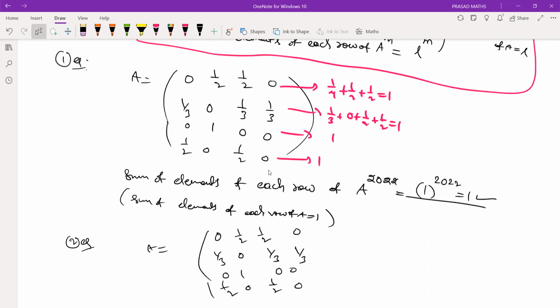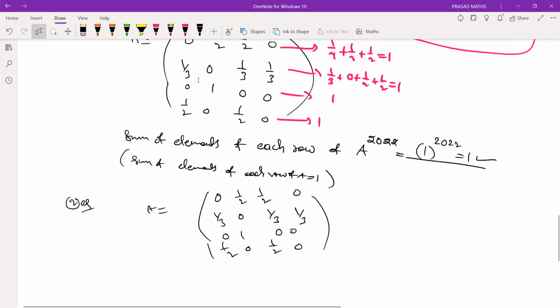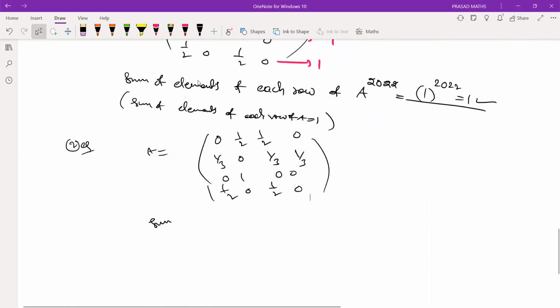Suppose you're asked to find the sum of all elements of A power 2022.